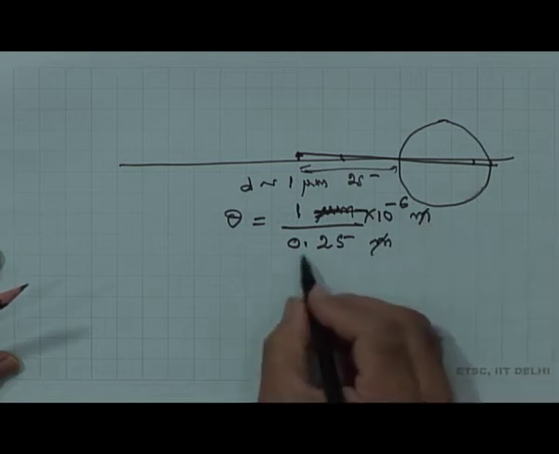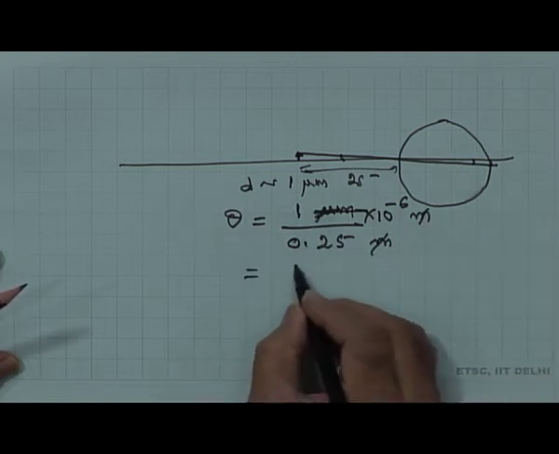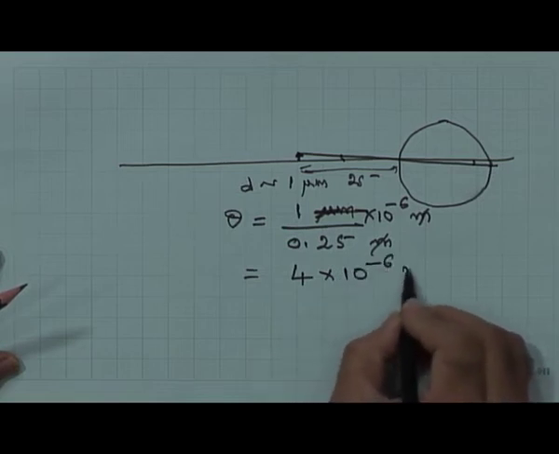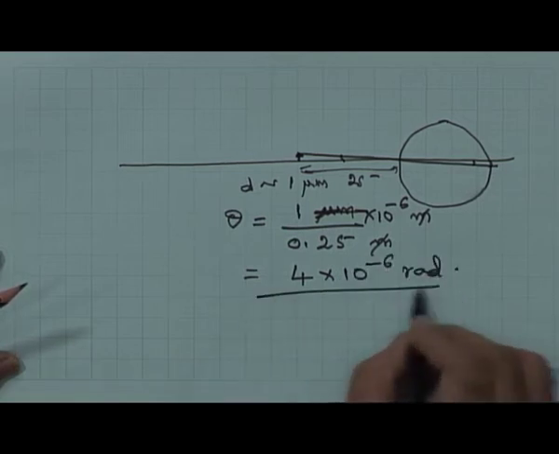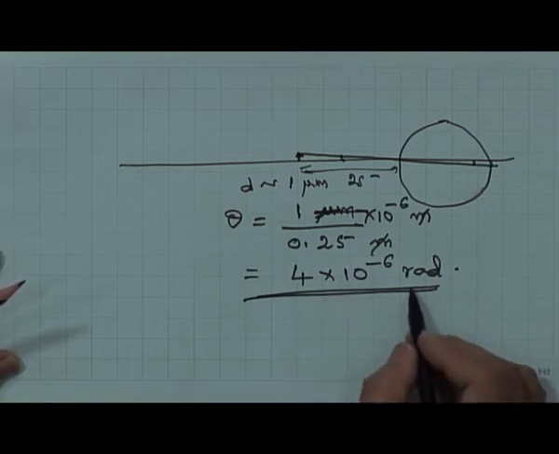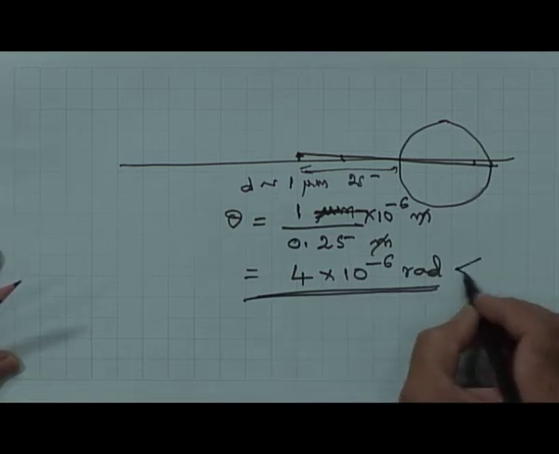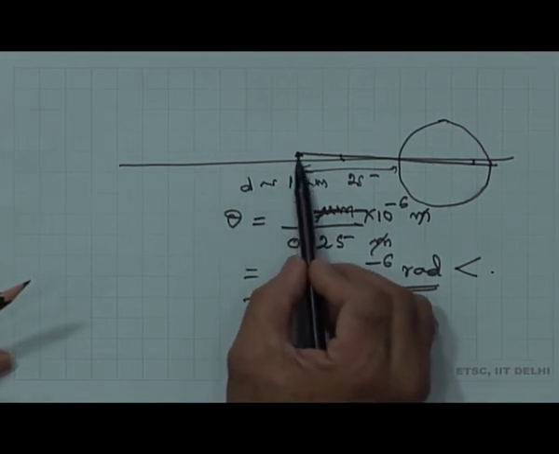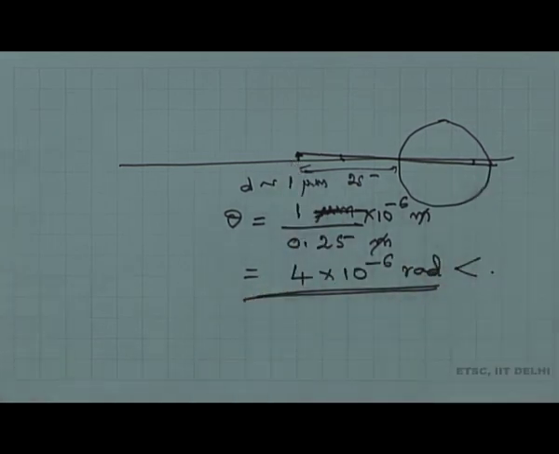This is equal to 4 into 10 to the power of minus 6 radians. Obviously, this is much less than the resolution of the eye. In other words, the eye will not be able to see a 1 micrometer sized object.